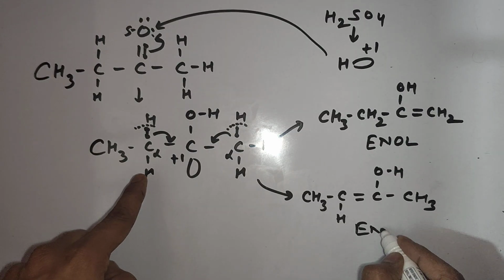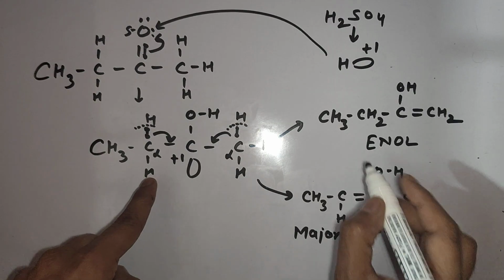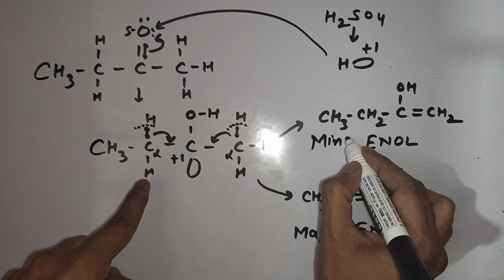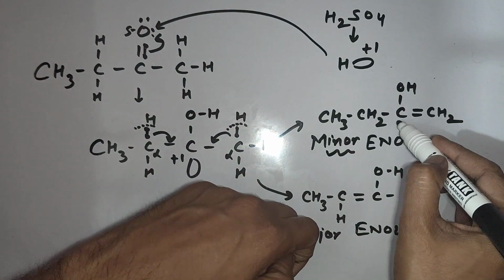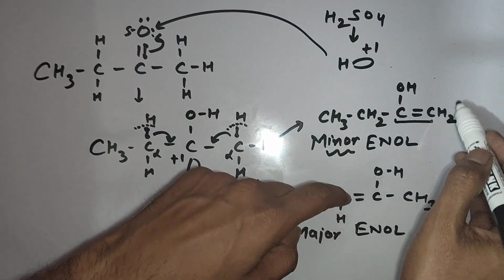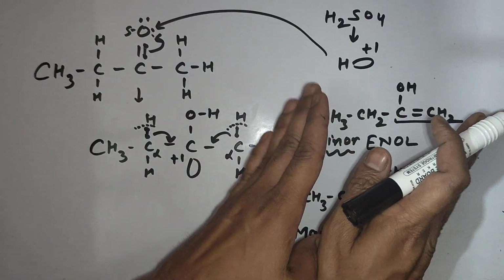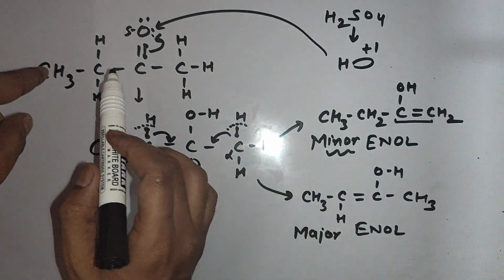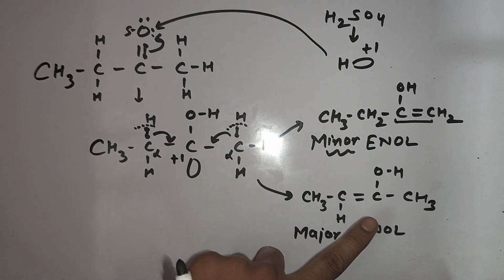This is another enol. This enol will be in major amount, this enol will be in minor amount. The reason, as I told you yesterday, is hyperconjugation. If you make the enol from the smaller alkyl group, less hyperconjugation will be there, less stability. And if you make it from the bigger side, more hyperconjugation will be there, more stability.